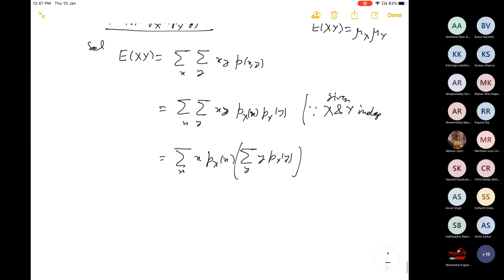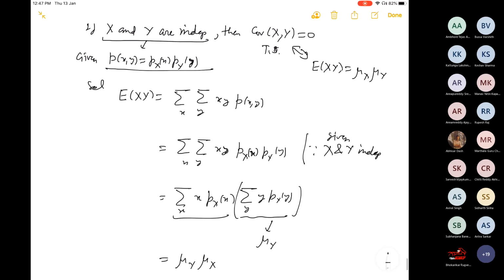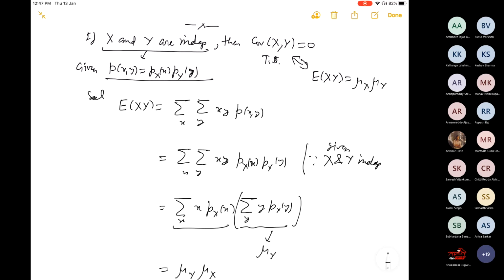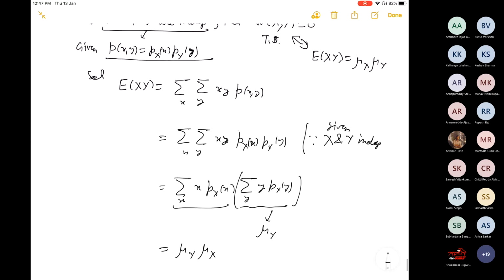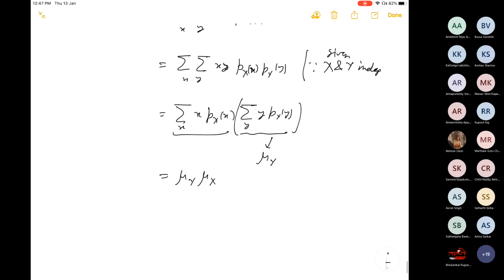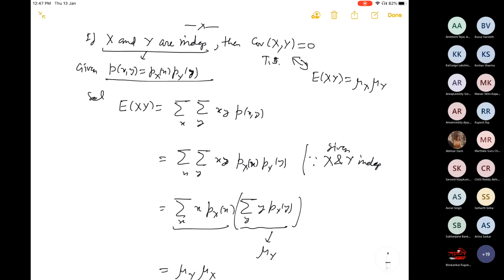The summation of y p(y) is the mean of Y, which comes outside. Remaining inside is the summation of x p(x), which is mu x, the mean of X. So we have shown that the expected value of XY is equal to mu x mu y. That means covariance of XY is 0 if X and Y are independent.